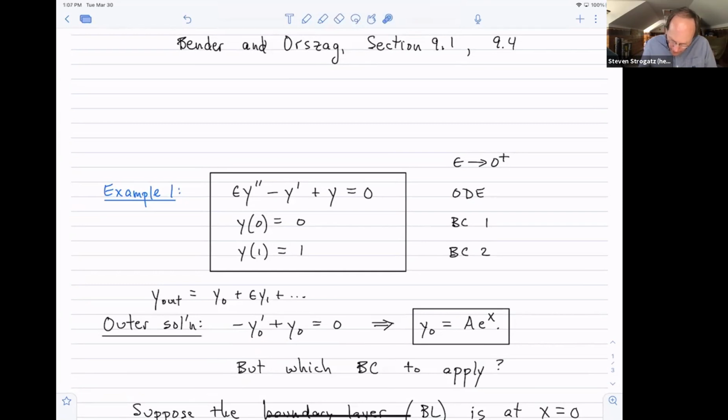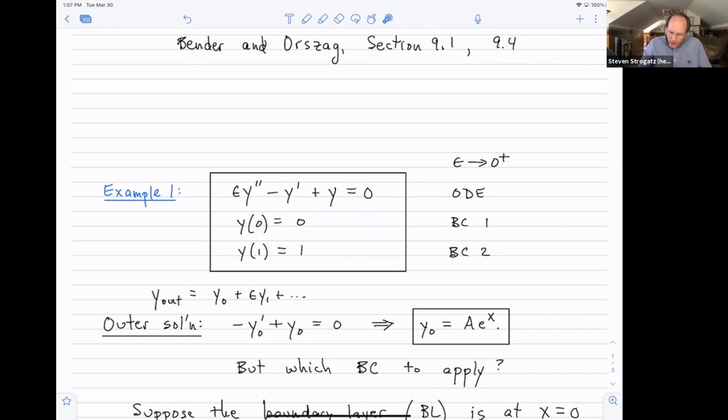Which has its solution in terms of a growing exponential. y equals a constant a times e to the x. That should already make you a little suspicious. Growing exponentials, we don't really expect that. In boundary layers, we usually think that something's going to decay exponentially as it moves away from the boundary layer.